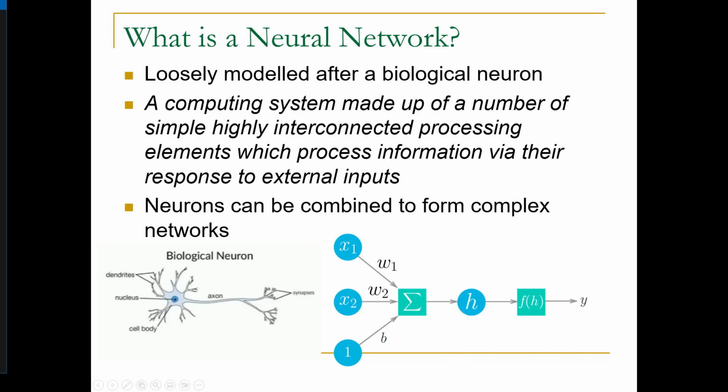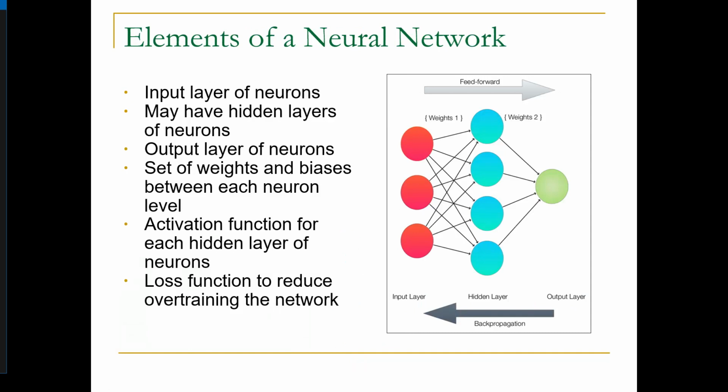So let's continue. What are some of the elements of a neural network? So generally, and here, this is a slightly different view. It's meant to portray the same information, just a different view. We generally have, starting at the top, an input layer of neurons.